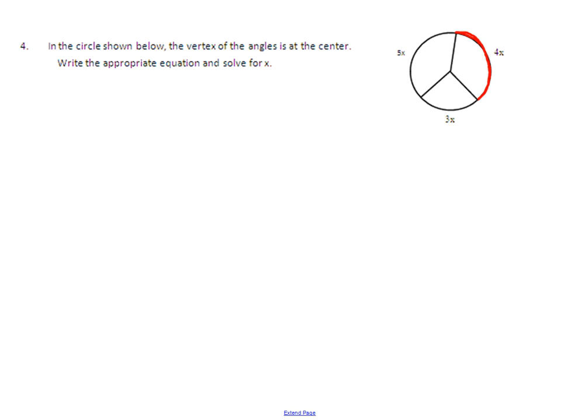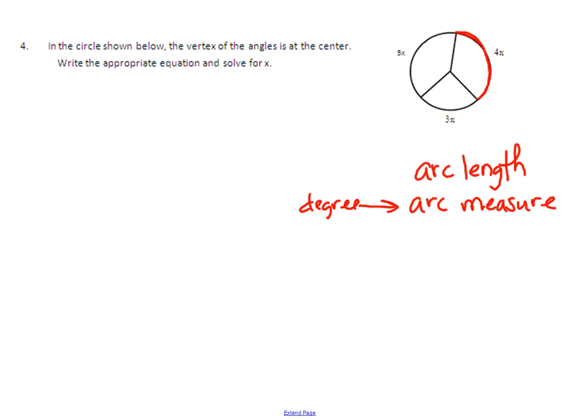Just like there's a difference between arc length and arc measure. Arc measure is in degrees, and arc length is in units, like centimeters or whatever the units are. It's just what it sounds like, the length of the arc.